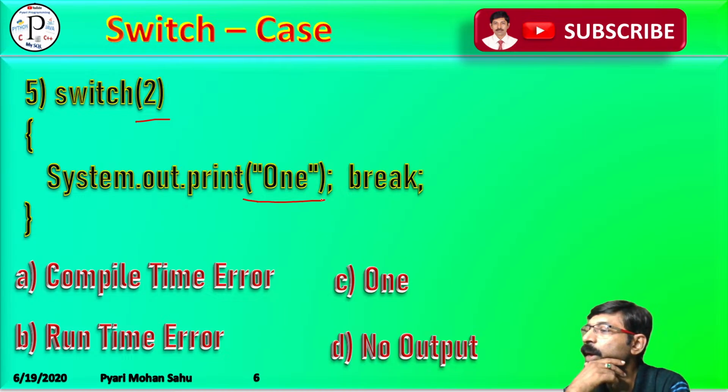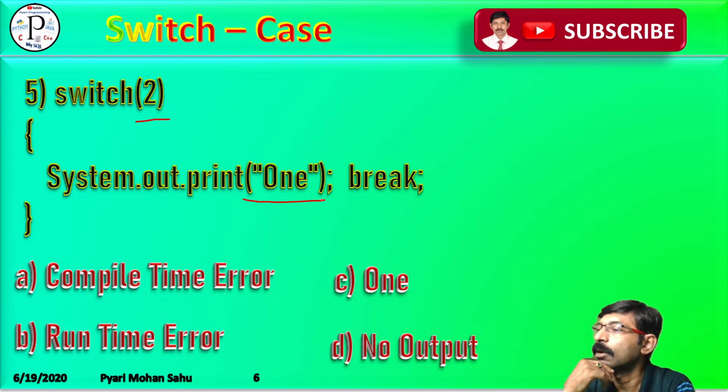Now, Rajesh, 5A. As there is no case, a statement without case or default will generate a syntax error or compile time error, because case must be present in switch case. So it is an error. Okay. What about Swagat? Ninth class, we discussed this particular part.